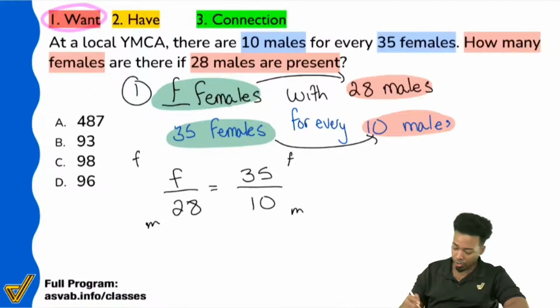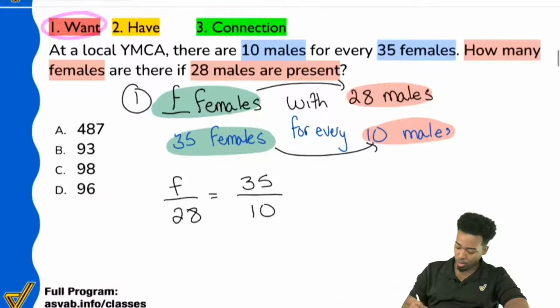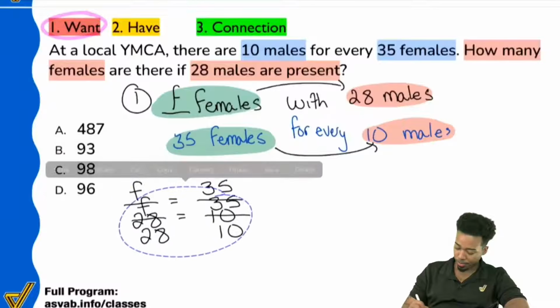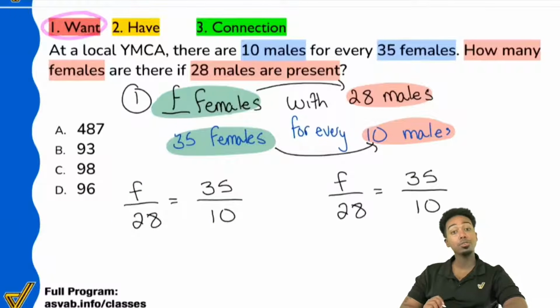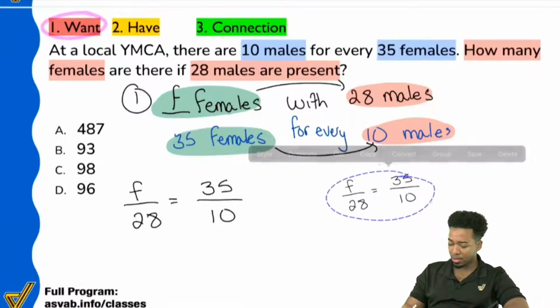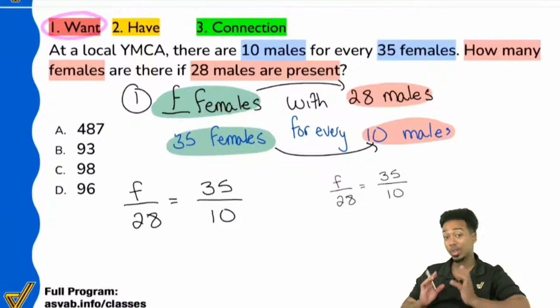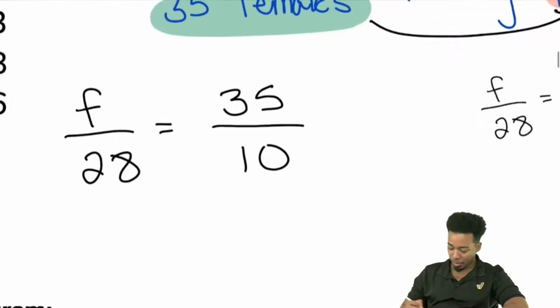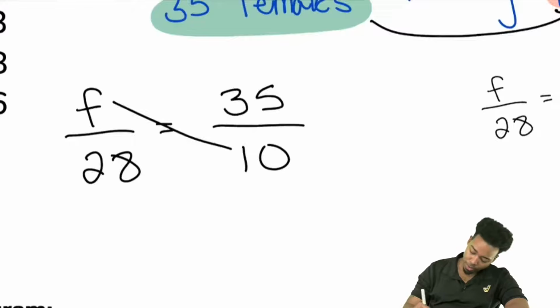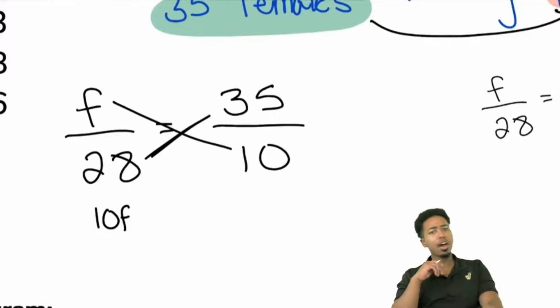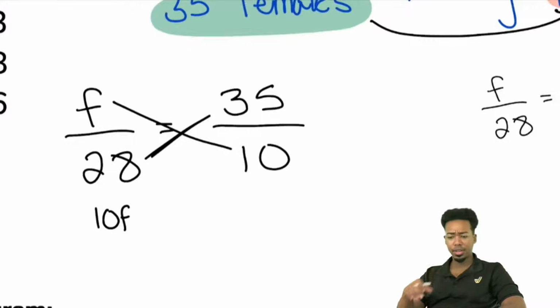Now, in solving this, there are 2 different ways that we can do this. One, we can do the whole cross multiplying and dividing thing. And the other way, we can do some mental math. So I'll show you both again exactly what I mean when I say you can save a lot of time. Everyone, we have to do F times 10. That would be 10F. Anybody here know what 28 times 35 is off the top of their head? Okay, cool.